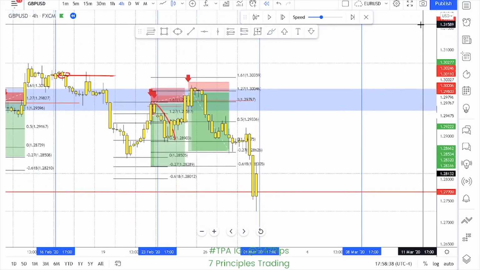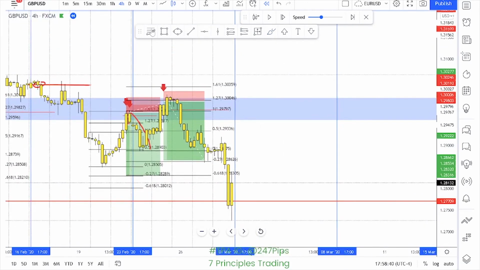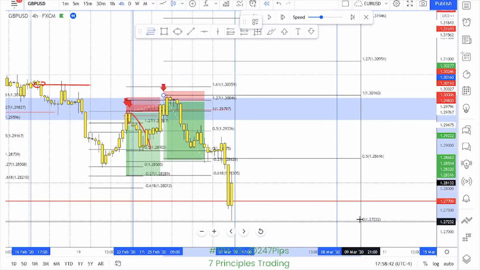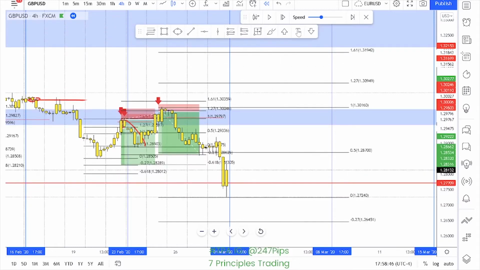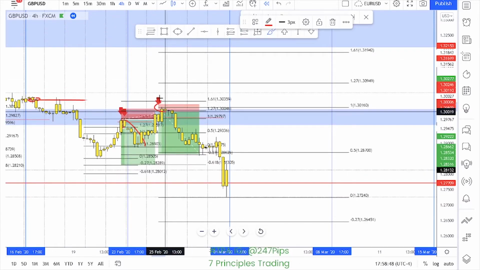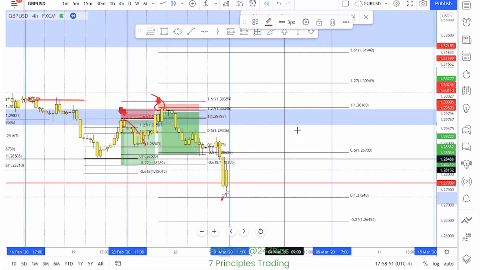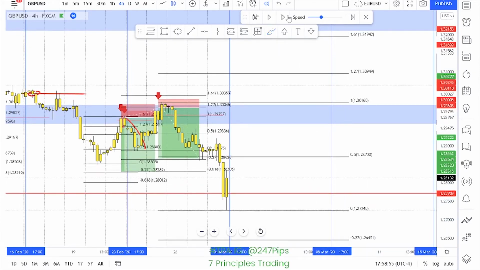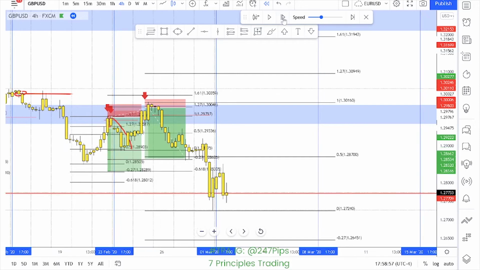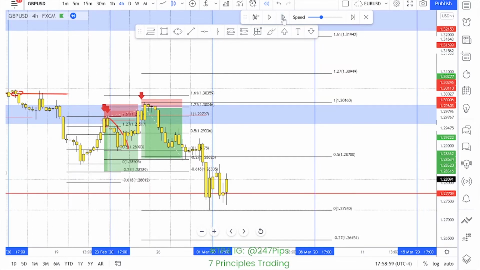I'm gonna start by adding our fib in from the high to the low. Okay, so we have 127 there based on this whole spectrum from high to low. Let's just tick through and see how that goes, or if it needs to be updated.